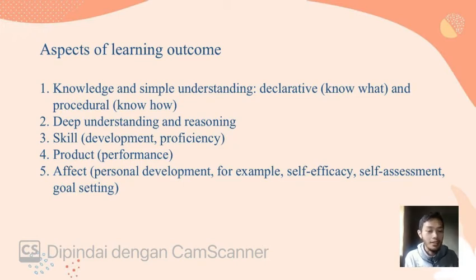And then the product, which is the performance of the learning outcomes. And the last is the effect, which is the personal development, such as self-efficacy, self-assessment, and goal settings.